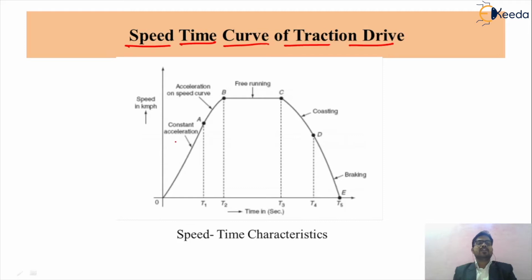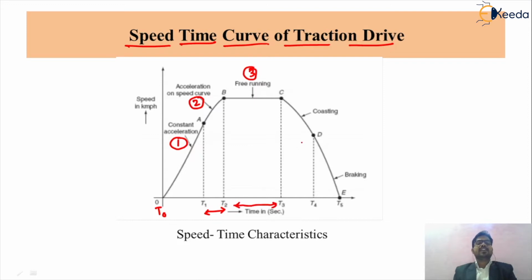The first part is called constant acceleration, the period from t0 to t1. The second period is called acceleration on a speed curve, the duration t1 to t2. The third period is called the free running period, given by the time duration t2 to t3.